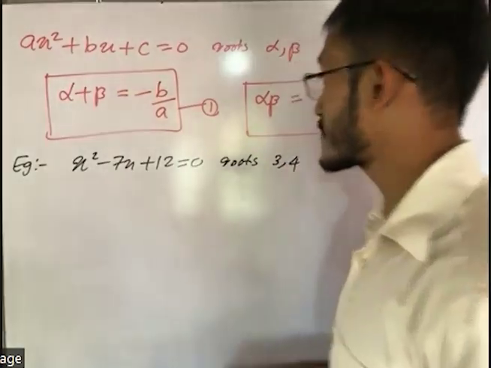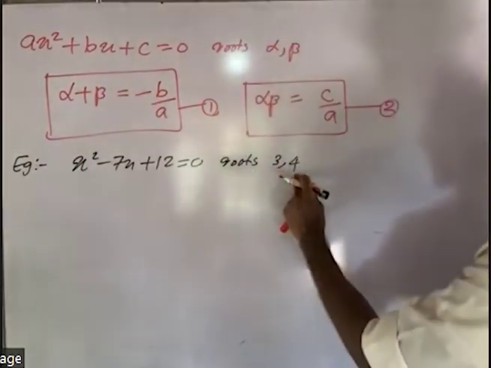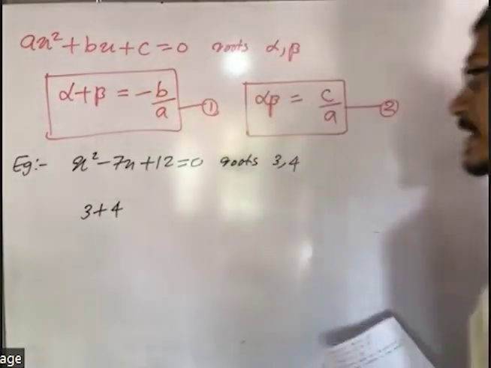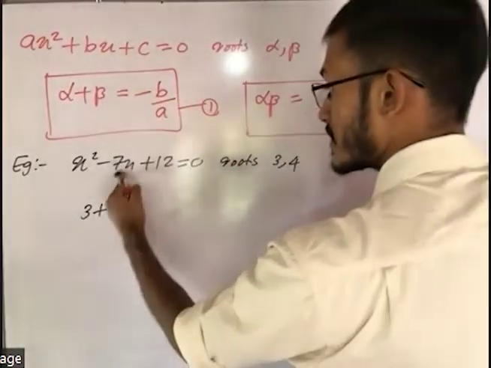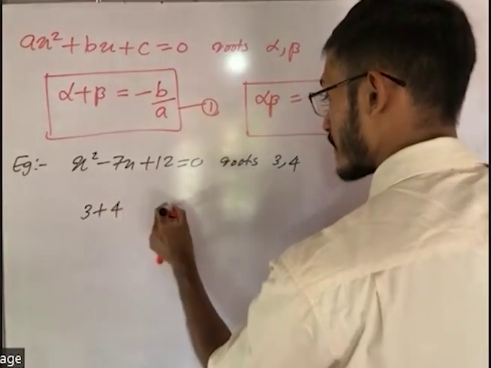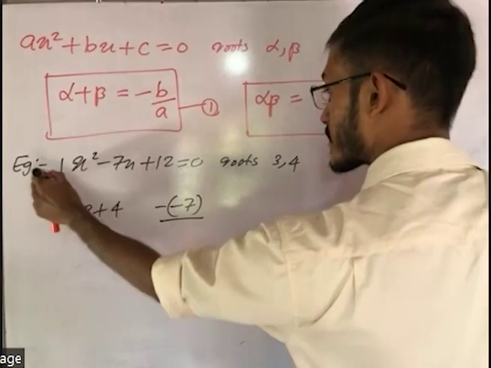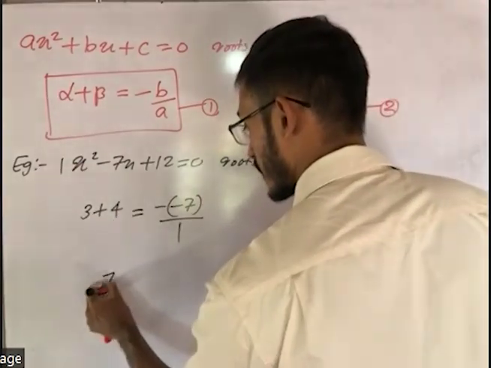Now if you use the first result, alpha plus beta means the roots are 3, 4. Therefore 3 plus 4 should be equal to minus b over a. Here b means coefficient of x term, that means minus 7. Minus value of that over a, the coefficient of x square term, 1. So here this is equal, right? 7 equal to 7.